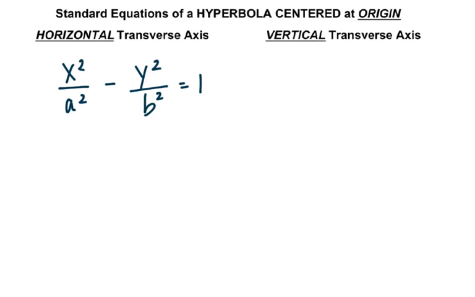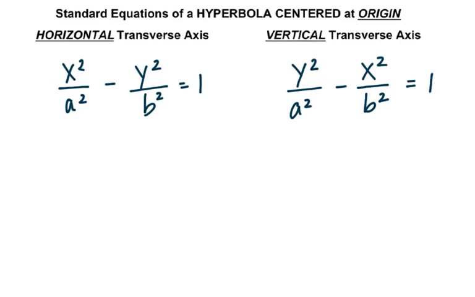And a vertical transverse axis hyperbola would look like y squared over a squared minus x squared over b squared equals 1. So what is different about this and an ellipse?